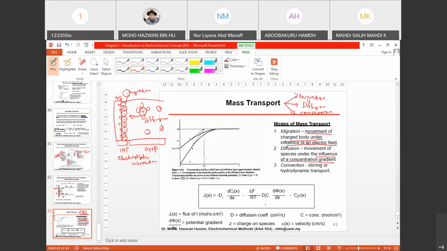Okay. And finally, the modes of mass transport can also occur via convection.